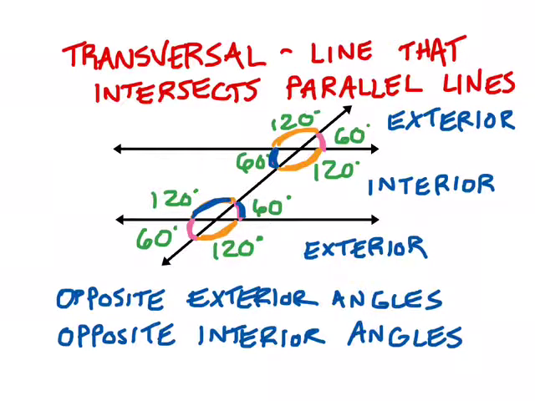Opposite side of the transversal, interior of the parallel lines, there's your other 120. The reason we care about these things and have names for them is because when we talk about either type, those angles are always congruent. So opposite exterior angles are always congruent, and opposite interior angles are always congruent as well.